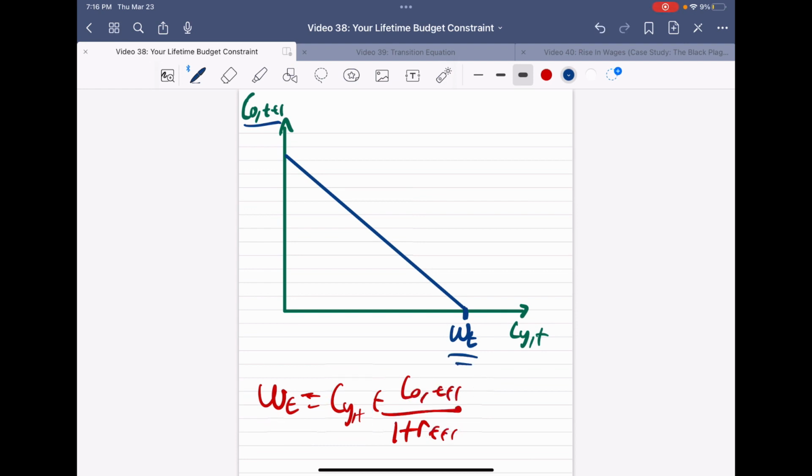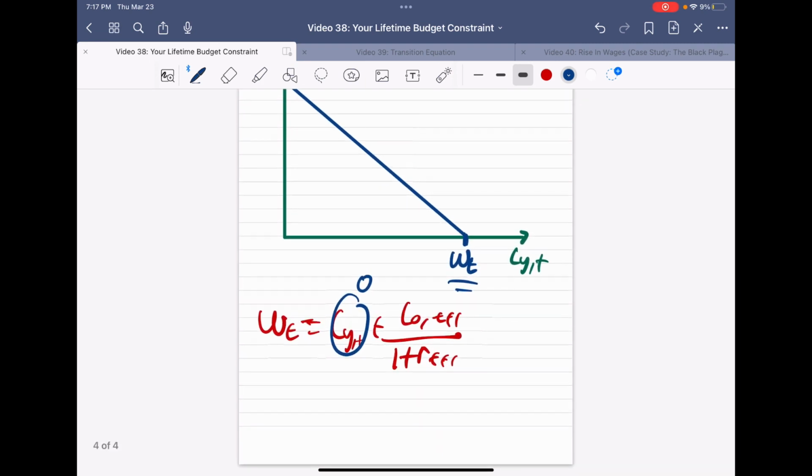On our y-axis, if we consume everything when we're old and nothing when we're young, then we simply set C_Y,t, which is consumption when young, equal to 0, and we simply get C_O,t+1 equals W_t multiplied by (1 + r_t+1).